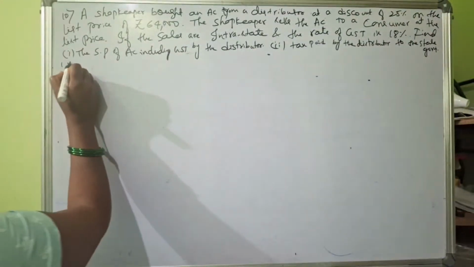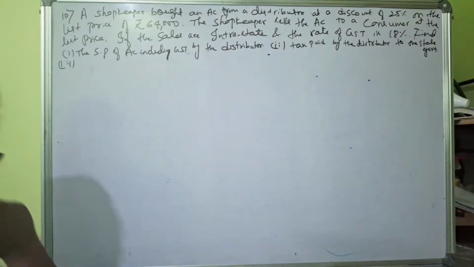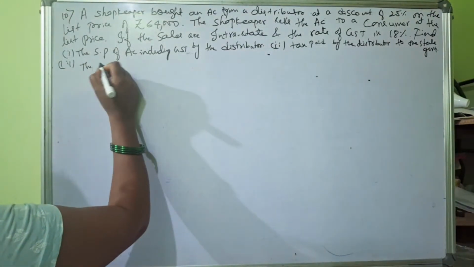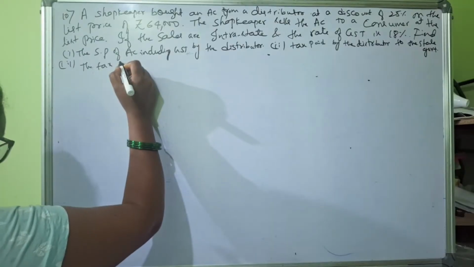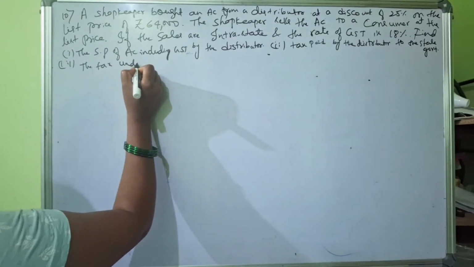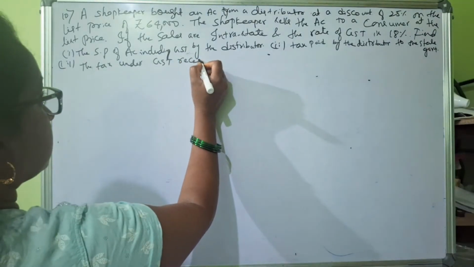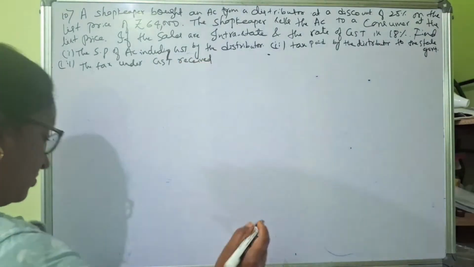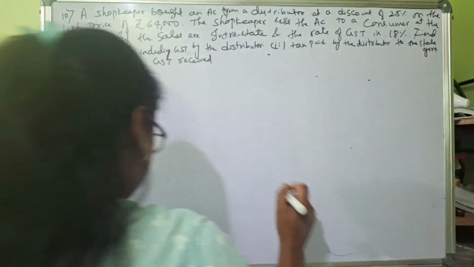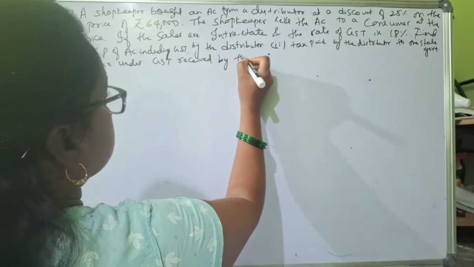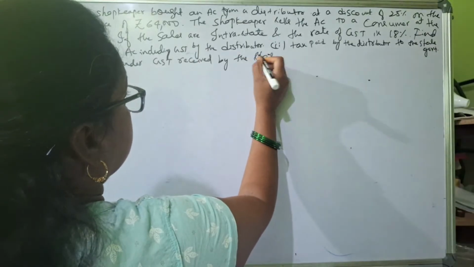Third question is, the tax under GST received by the state government.